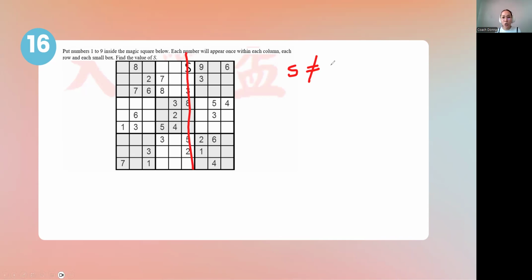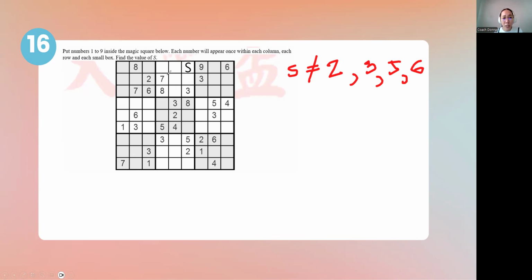So it has 2, so it cannot be 2 anymore. It cannot be 3, 5. It cannot also be 6 because look at the row of S. You already see an S. So it cannot be a 6, 2, 3, 5, 6.